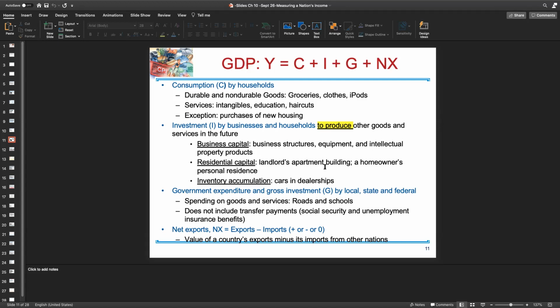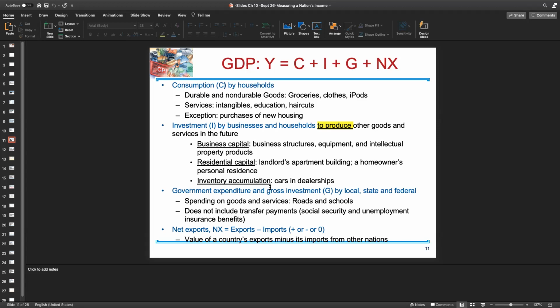A landlord's apartment building and a homeowner's personal residence are all investment. And then there is inventory accumulation, for example cars in the dealership. Even if not all the cars produced in 2020 can be sold in 2020 and will be in the dealership in 2021, they are counted as GDP in 2020 and not included in 2021.